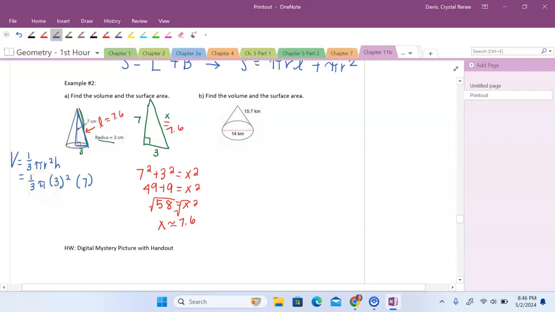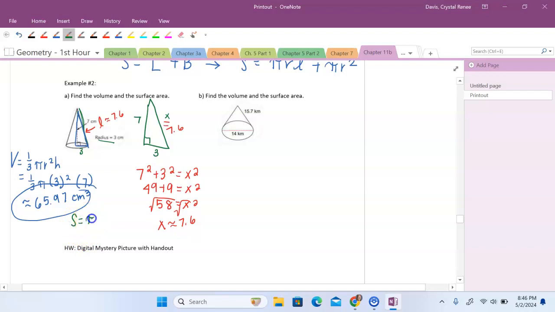If I plug that into my calculator, I get 65.97, roughly 65.97, and that would be centimeters cubed. So that's my volume.